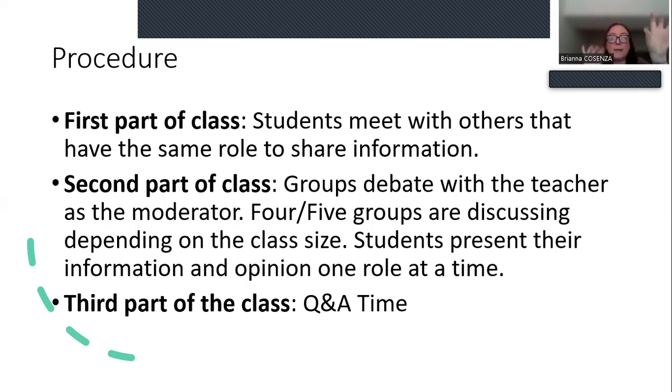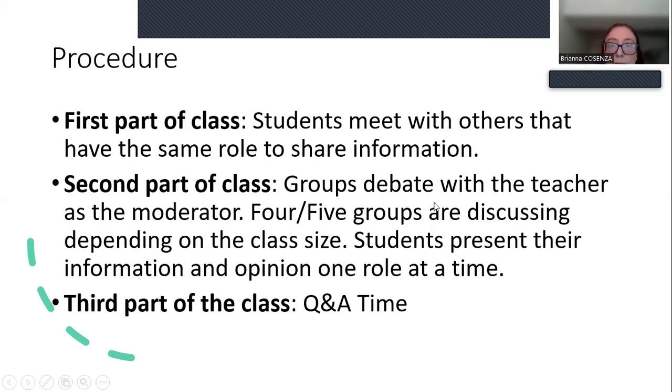From each group, every person that has the first-year student role, before we start the discussion, will come together, and they'll share information. That helps them narrow their ideas down and maybe get new information that they haven't thought of or found on their own.